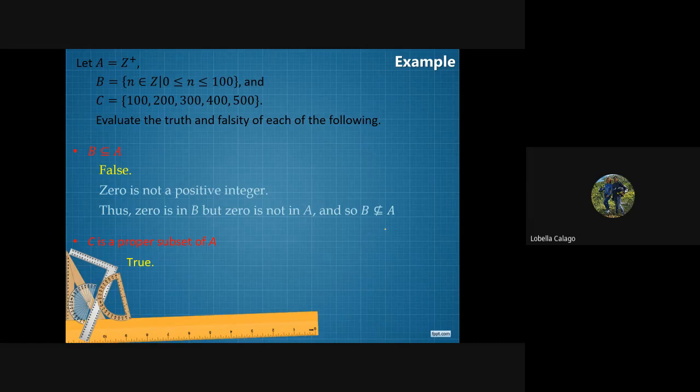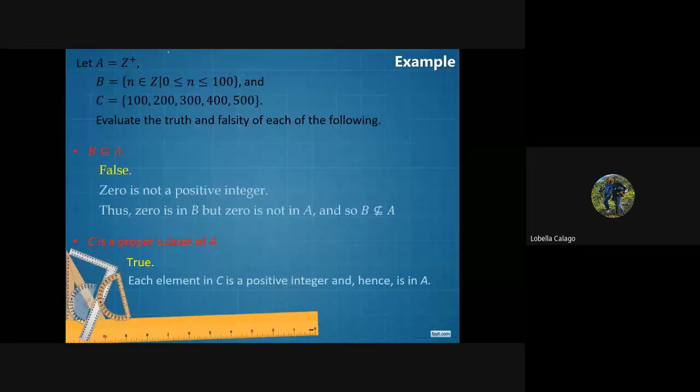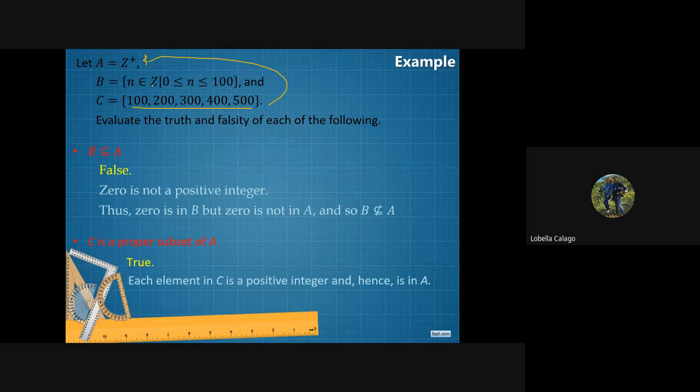True, because each element in C is a positive integer and hence is in A. Lahat ito ay positive integers, so lahat yan nasa A. Pero si B, hindi po pwede magiging subset.